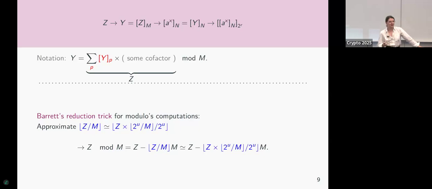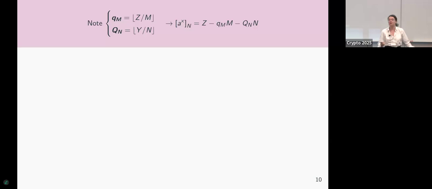This means that, again, our computational sequence has changed, and now we have to compute these two quotients right here, and we can observe actually that a to the x modulo big N is equal to this kind of sum right here.